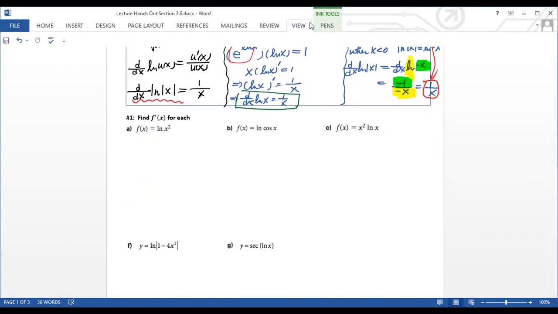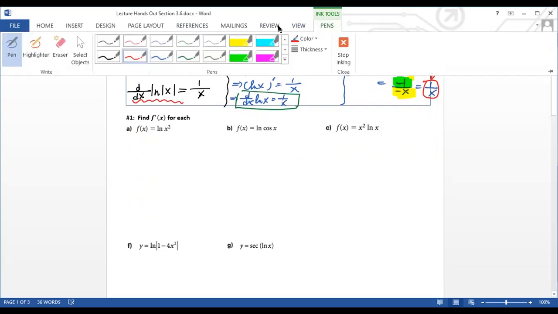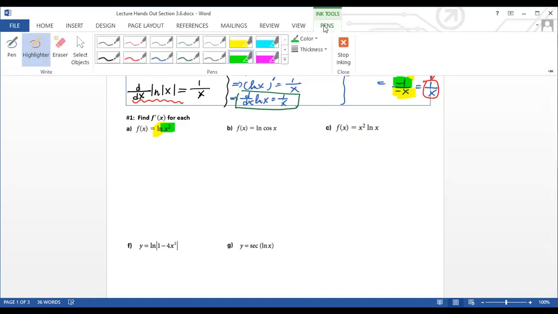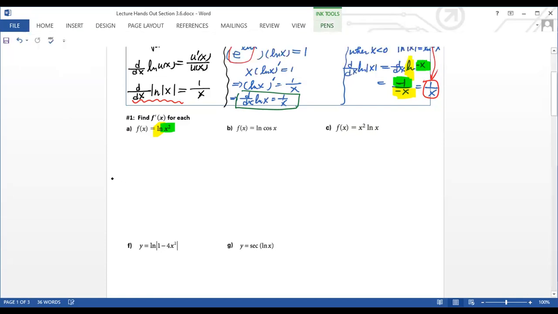Okay, now let's take a look at the first problem here. This is the natural log of x squared. I notice this is my first layer, and this is my second layer. If you're still not quite familiar with the chain rule, you can always make a table like we talked about.